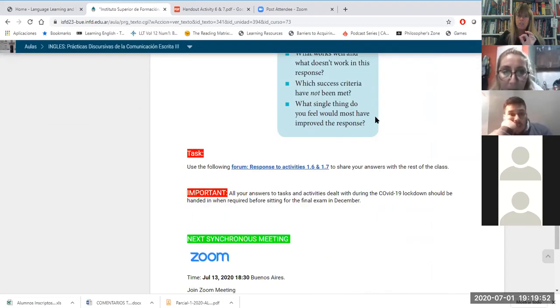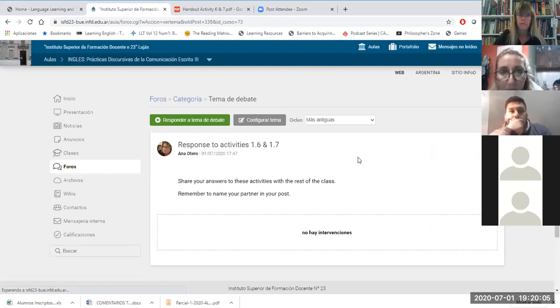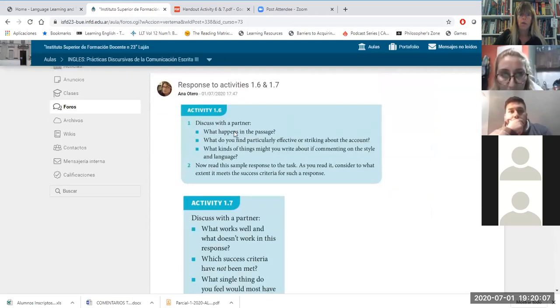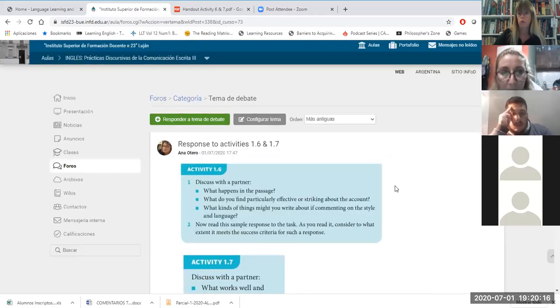Once you've analyzed everything, you have to post your ideas in this forum. Activity 6, activity 7 says, share your answers to these activities with the rest of the class. Remember to name your partner in your post.